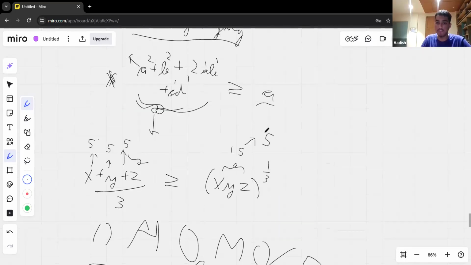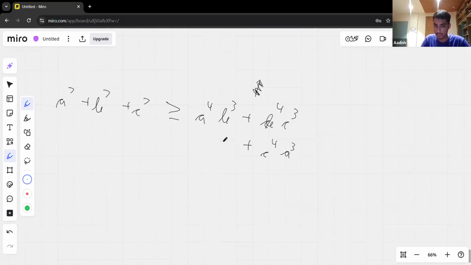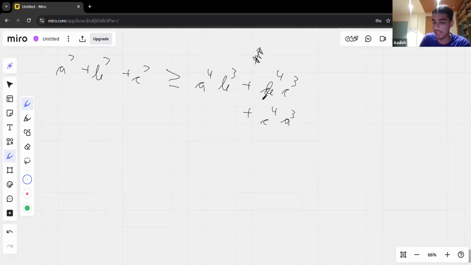But we somehow want them to have different powers here. So how can we approach this? Do you see why it's weird to apply AM-GM directly?